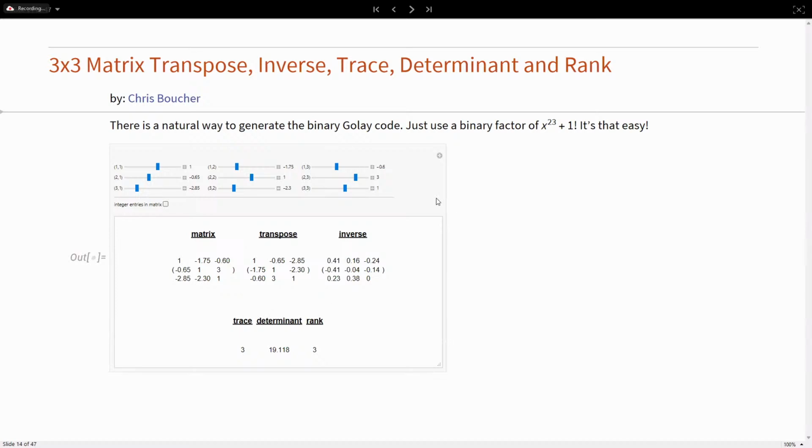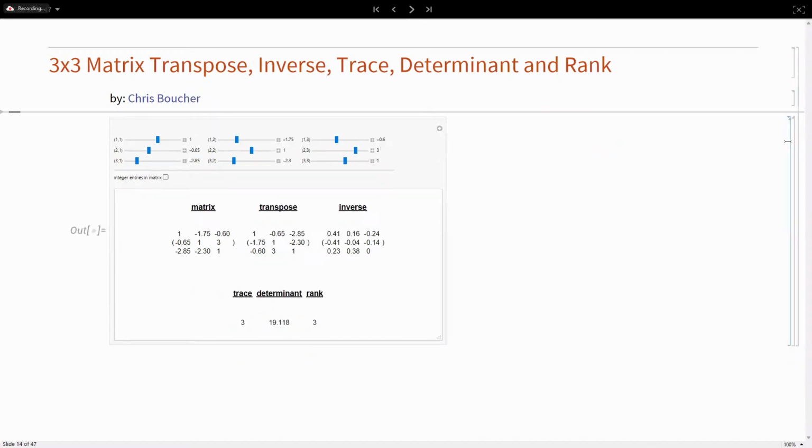So this is leftover from my last time. We have the original matrix here. The transpose, we're just basically flipping along an axis. And the inverse of a matrix, if we multiply this matrix by that one, we get the identity matrix with ones on the diagonal and zeros elsewhere.